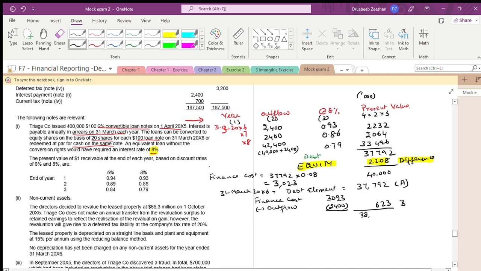It comes to 38,415. This is the carrying amount of the loan. Just check how we got it.